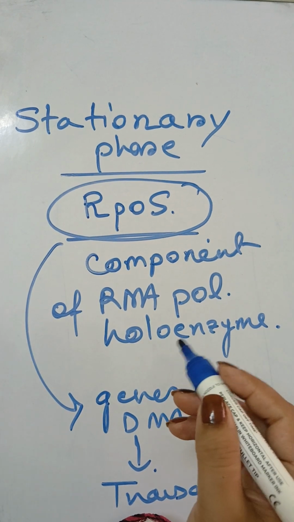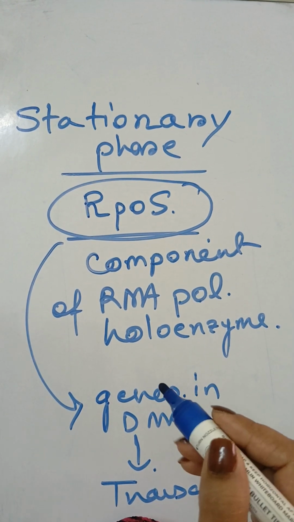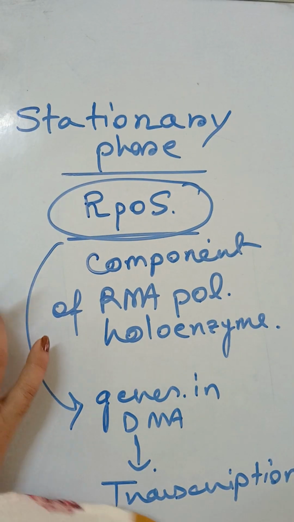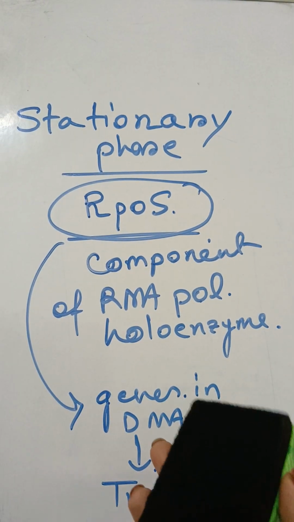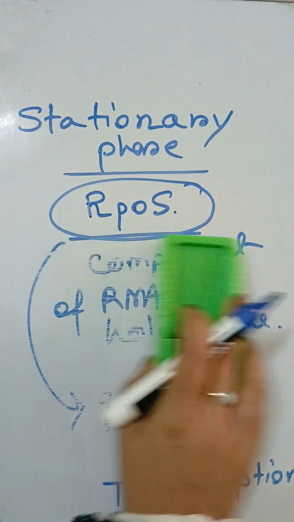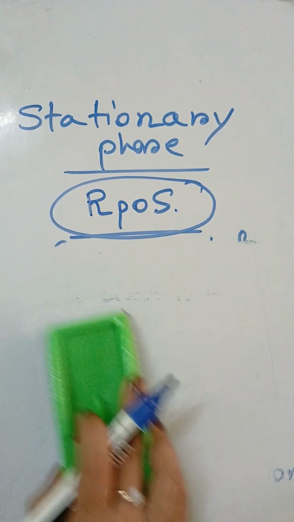So these are the starvation proteins which make the cells much more resistant to damage by starvation and other stressful conditions of their growth media.